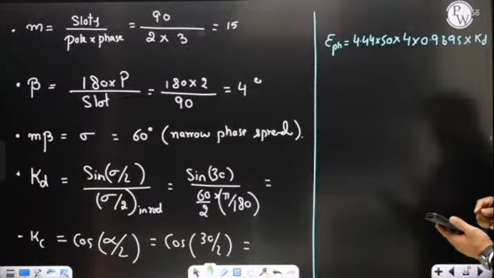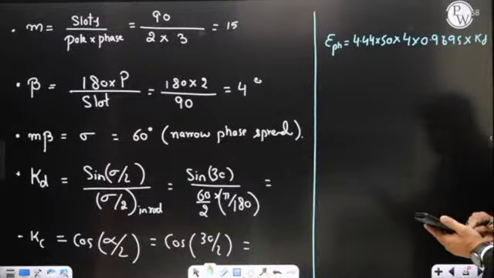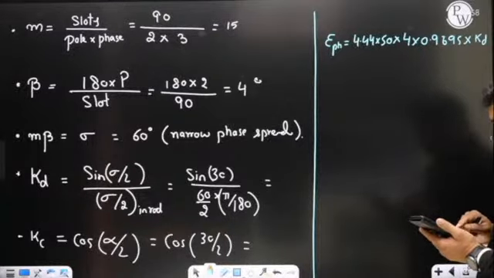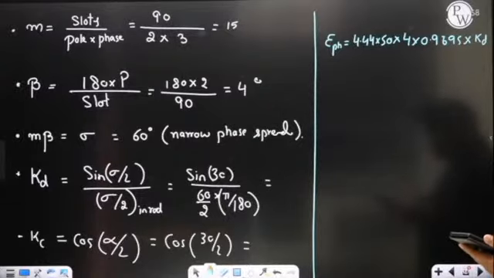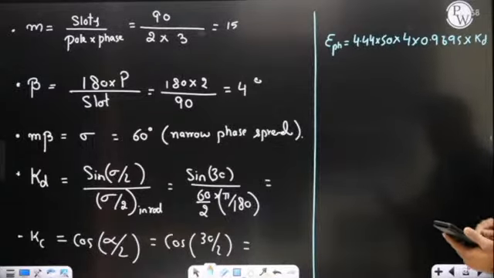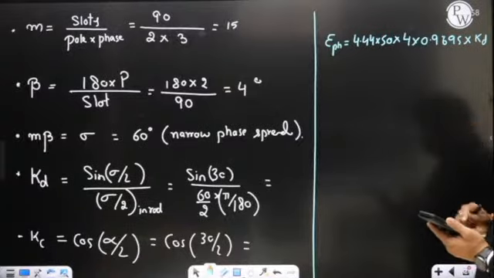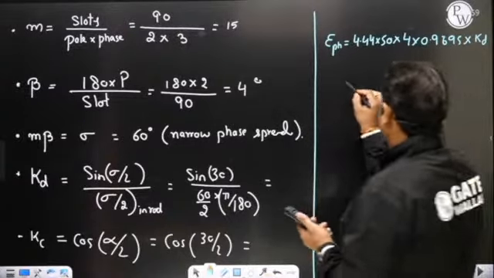I have missed 4.44 into 0.9695 into sine 0.9549.